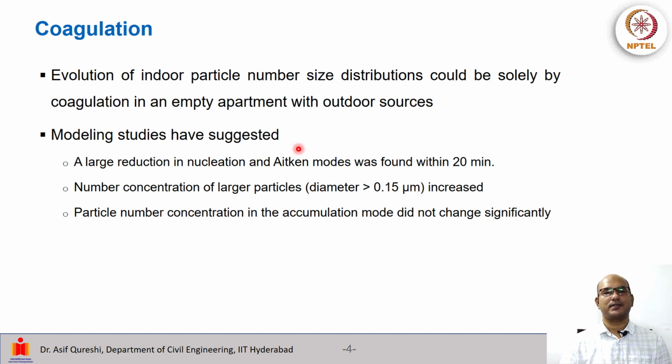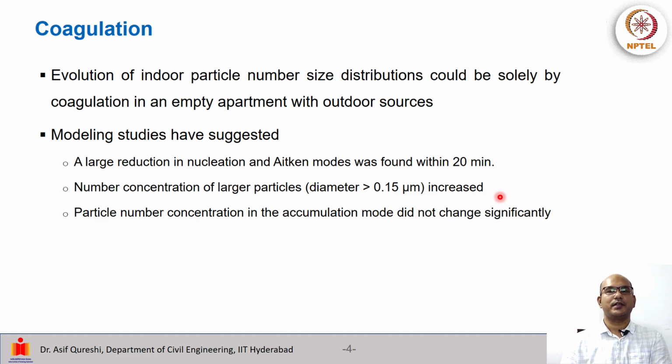Modeling studies have suggested that there is a large reduction in nucleation and Aitken modes within 20 minutes. So within 20 minutes these smaller nucleation particles are either growing or combining with other particles, and as a result the number concentration of larger particles, those more than 0.15 micrometer, has increased.